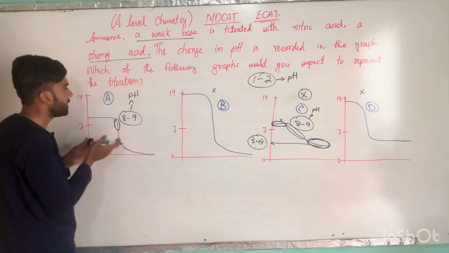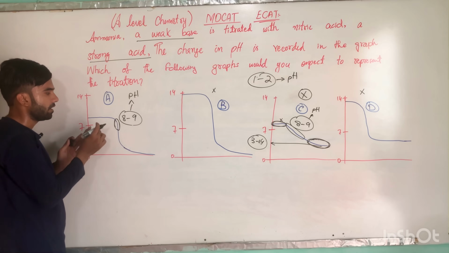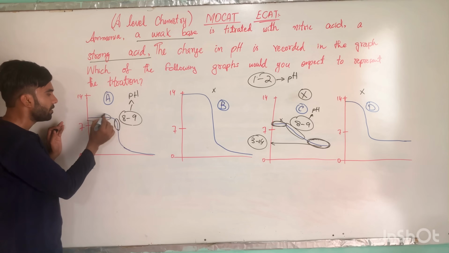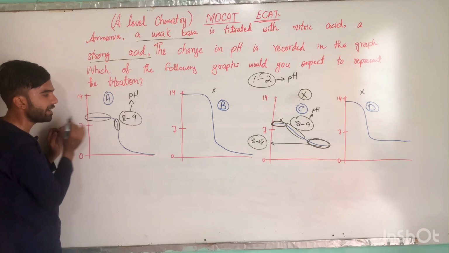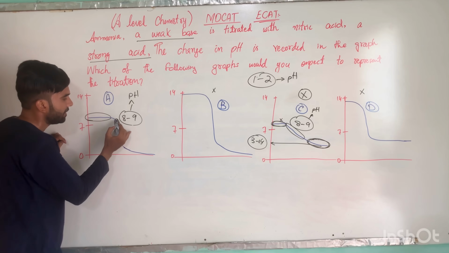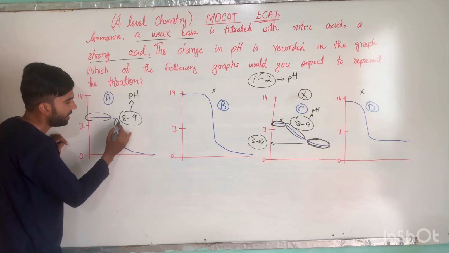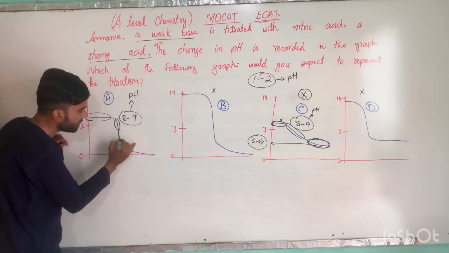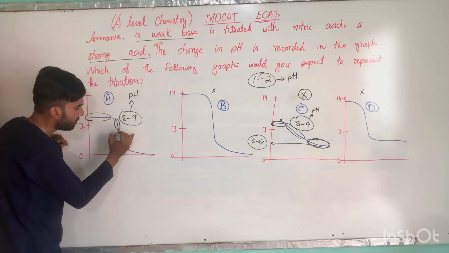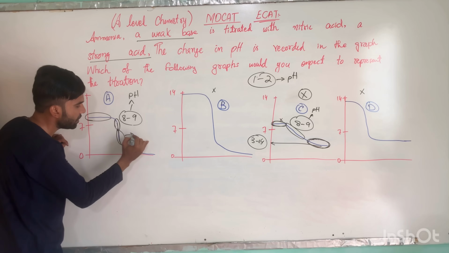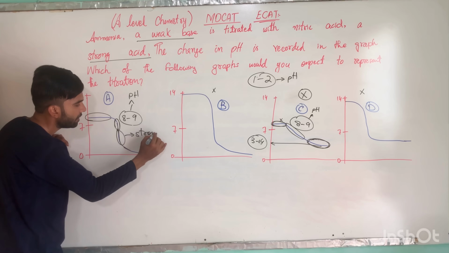When we talk about graph A, the starting point is from 8 to 9. This is the equivalence point, and the graph suddenly decreases because of the strong acid.